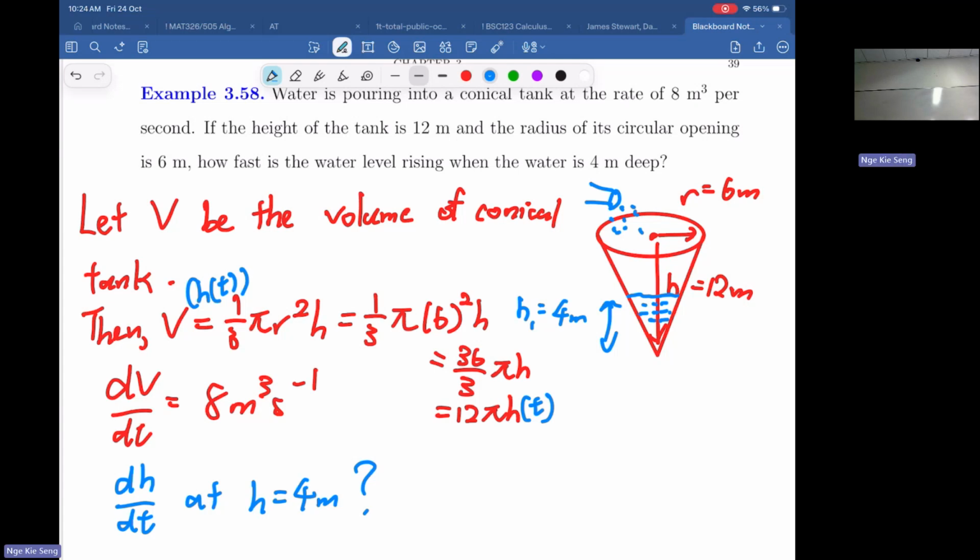So what's the next step? dh, dv, and then dv over dt equals dh over dt, dv over dt. Okay, let me write it down. Which one first? dh over dt over dv, like this, multiplied by dv over dt.